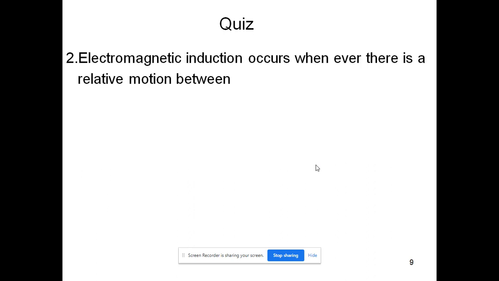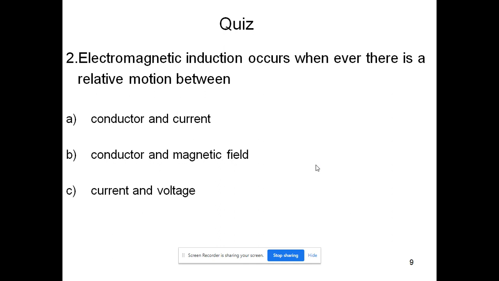And the second question is: electromagnetic induction occurs whenever there is a relative motion between the conductor and magnetic field. This is the basic one. There should always be a relative motion between conductor and magnetic field.